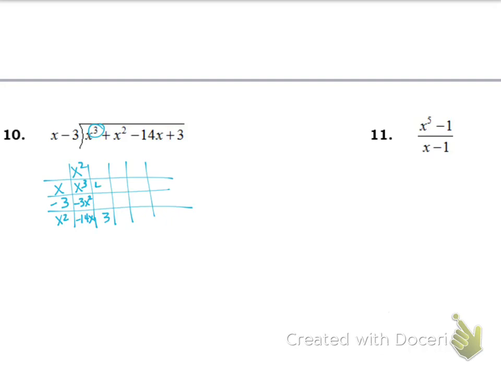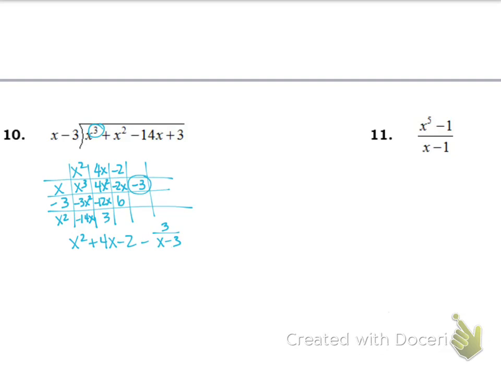To add it, I need a 4x squared. To multiply, I need a 4x. This would give me a negative 12x. To add it, I need a negative 2x, which I would need to multiply by negative 2, which would get me 6. I would have to add a negative 3, which will be my remainder. So x squared plus 4x minus 2 minus 3, and then what I'm still trying to divide out of it.